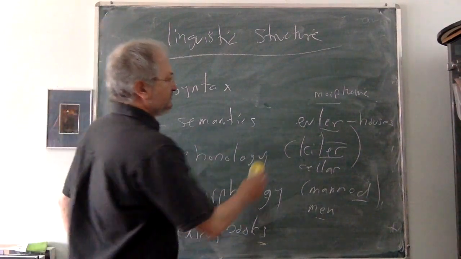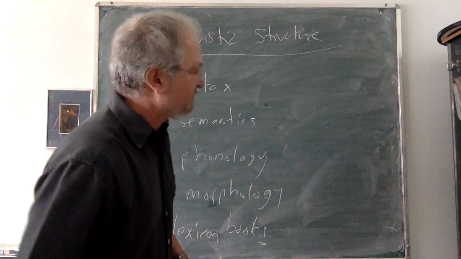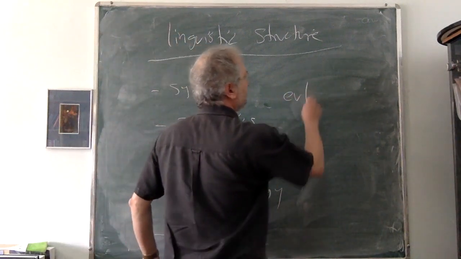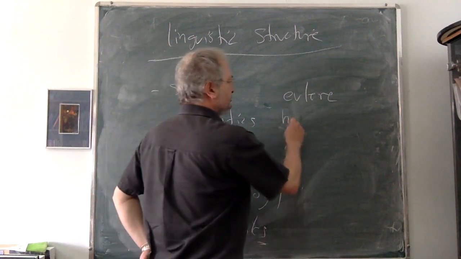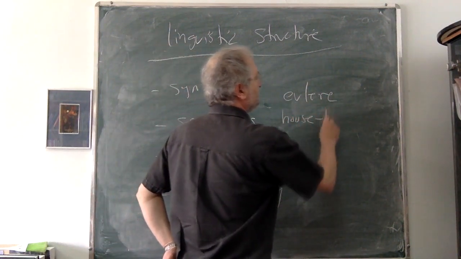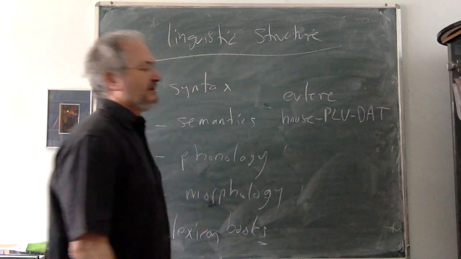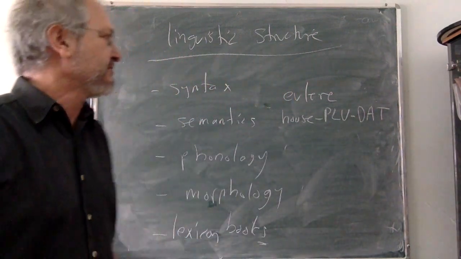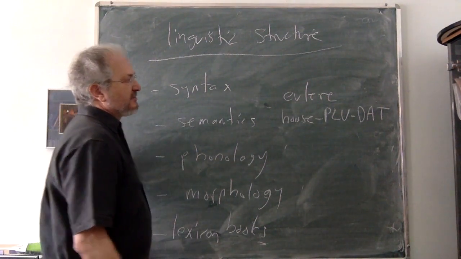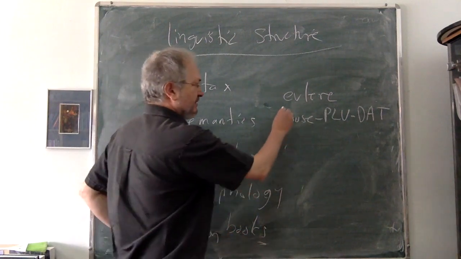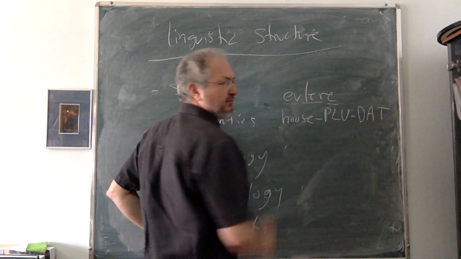Okay? But, I mean, here's another example. When you say evlere, let me gloss it like linguist. This is like house, plural, dative case. Dative case is like ehali in Turkish. And the interpretation here is that this is the root, this is the plural morpheme, and this is the dative morpheme.